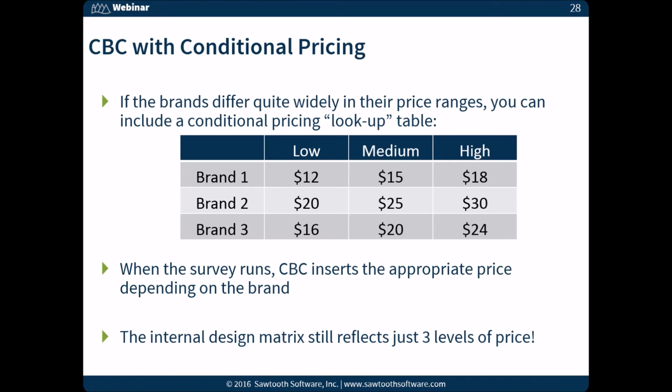The coolest part, for all of you nerds like me out there, is that the internal design matrix still reflects just 3 levels of price, which is awesome when it comes to things like parameters in our model estimation.